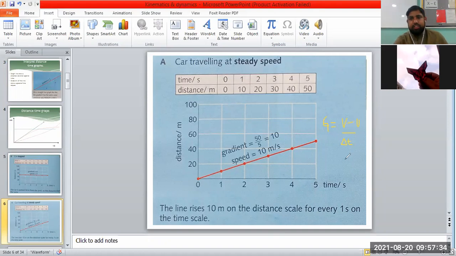What will this gradient show? Distance covered per unit time. We discussed it. What will that show? Distance covered per unit time. Speed. So the gradient of a distance-time graph will tell us about the speed of that object.